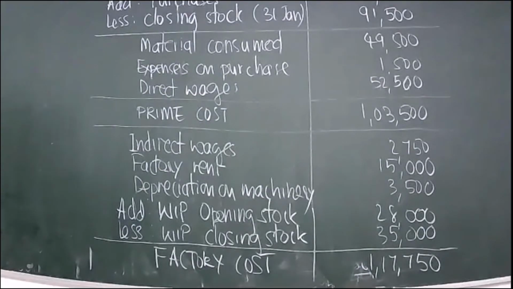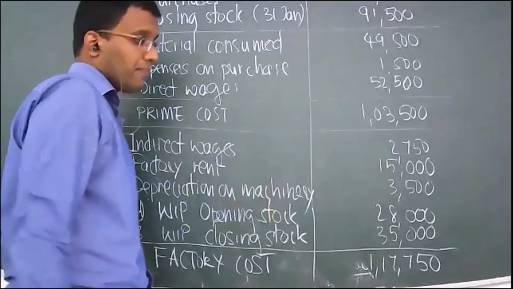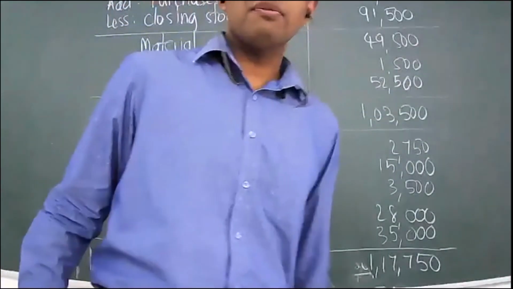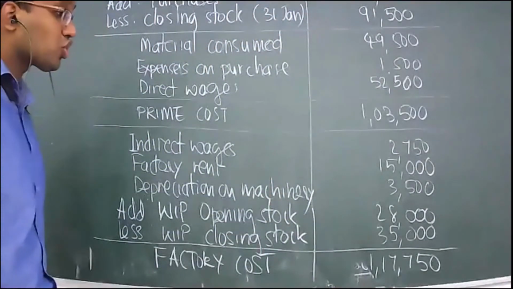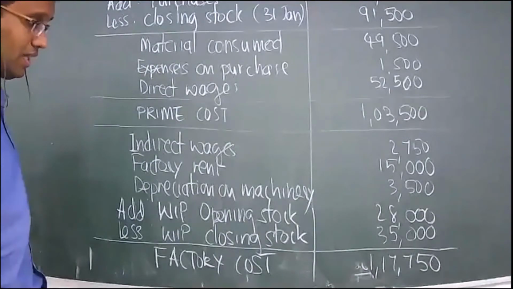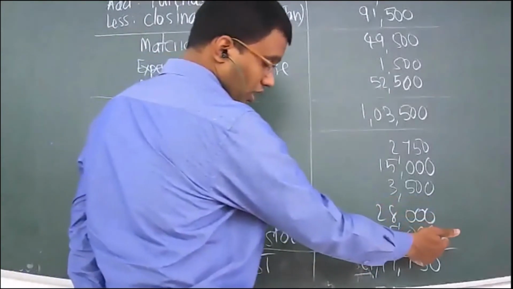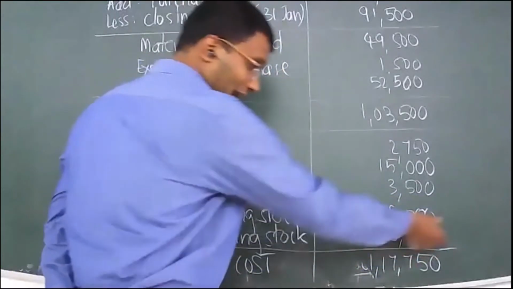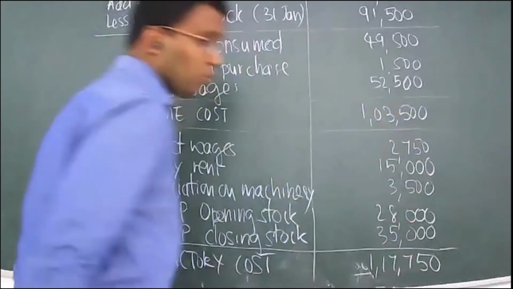What I have done here is I have not shown you the breakup. Now that you're quite comfortable with the format of the cost sheet, I have not exclusively shown a step with the total factory overhead. But you can still calculate the factory overhead separately, add that to your prime cost, and then show it.